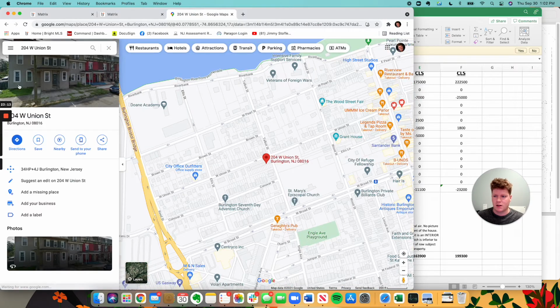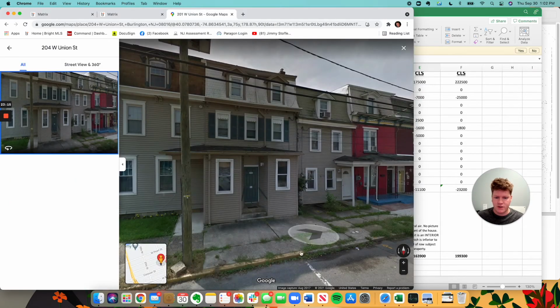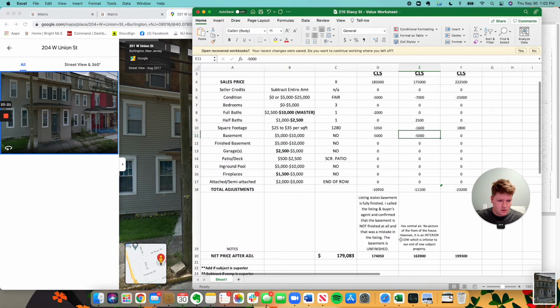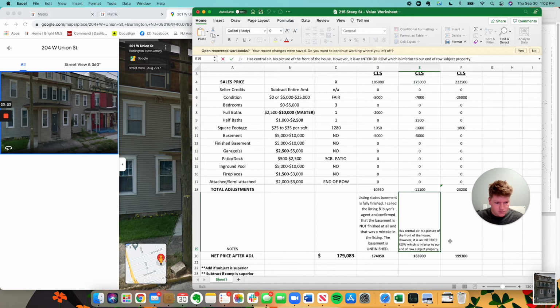Possibly. So here we go. We can see the interior row here. I'm going to take a screenshot of this, and I'm going to attach this in my email. Picture of front of house attached in email.